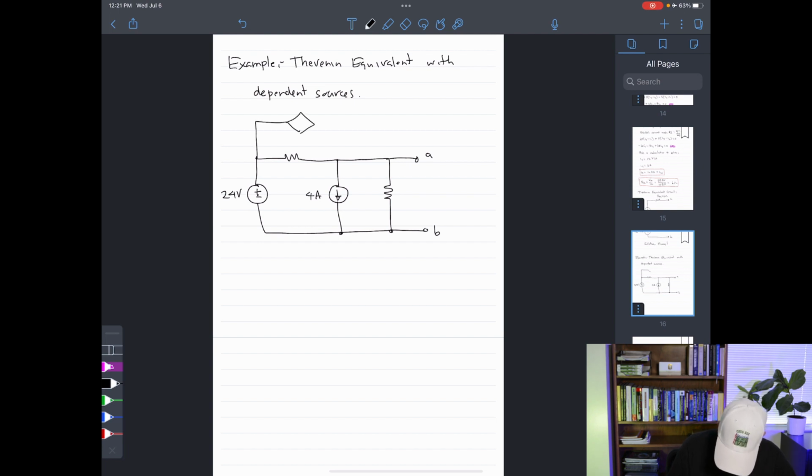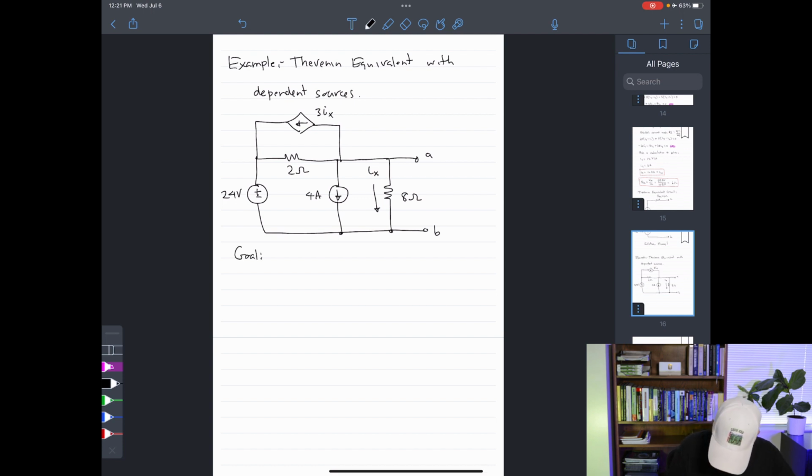And then we have our dependent source at the very top. This is a current source, providing us with the current 3Ix. Ix has been defined to flow down through this resistor in this direction. And then finally, this is the 2 ohm resistor and then the 8 ohm resistor.